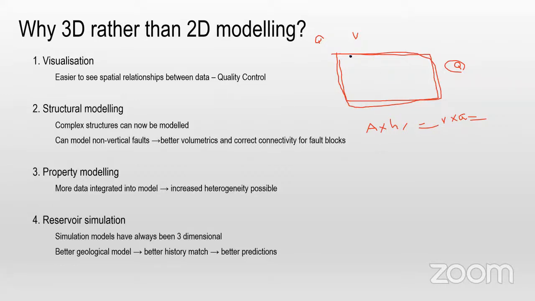In 2D you have the X and Y directions; in 3D you have another direction, Z. You can also model the faults, because in 2D you are not able to model them. Some faults reduce the volume of the reservoir, and some increase it.